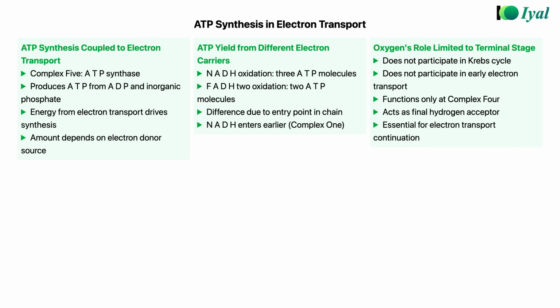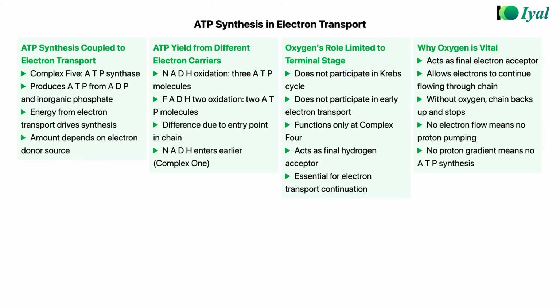But it is vital. Why is oxygen so vital if it only participates at the end? Because without oxygen accepting electrons, the entire system stops. Think of oxygen like a drain. Without a drain, the sink fills up and nothing else can flow. Similarly, without oxygen accepting electrons at the end, electrons back up in the chain. No more electrons can move. The whole chain stops.